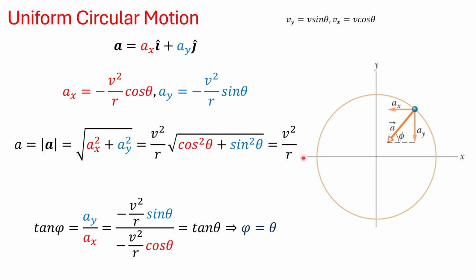So we have established this equation. And the angle phi that I have shown you in the last slide indicates tan phi is equal to the y component of acceleration upon the x component of acceleration, which offers us simply tan theta. This means we are left with nothing other than phi is equal to theta.